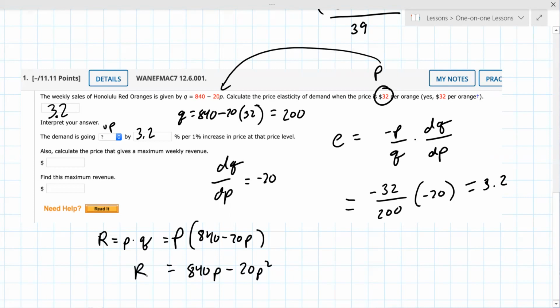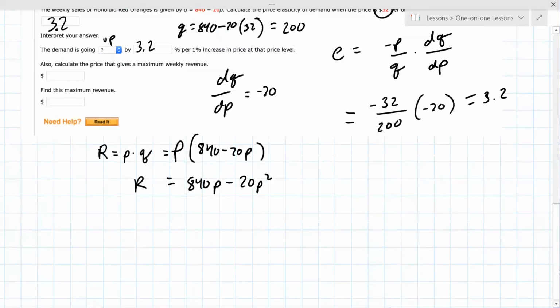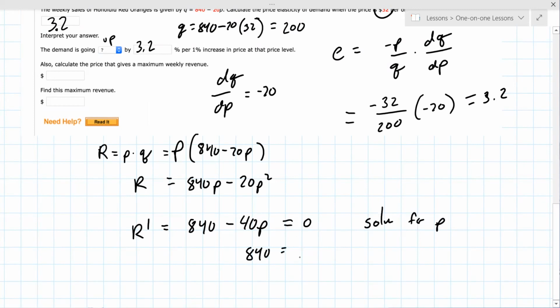To find the maximum, you have to take a derivative. R prime is 840 minus 40p. Set that equal to 0, and then you're solving for p. So you move this to the right side, you get 840 equals 40p. You divide both sides by 40, and you get p equals 21.